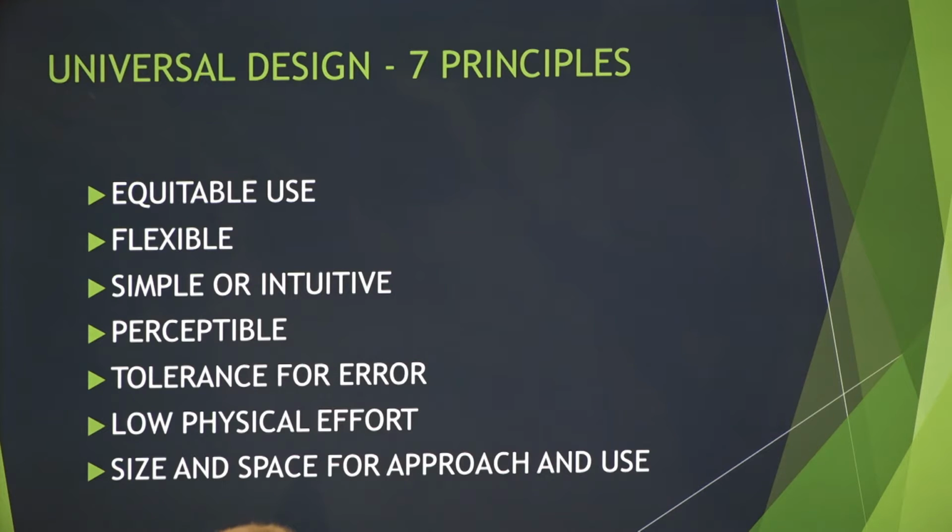The 7 principles of universal design are equitable use, flexibility in use, simple and intuitive use, perceptible information, tolerance of error, low physical effort, and size and space for approach and use. You can find all of that anywhere if you Google it.